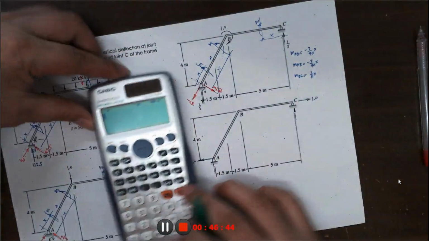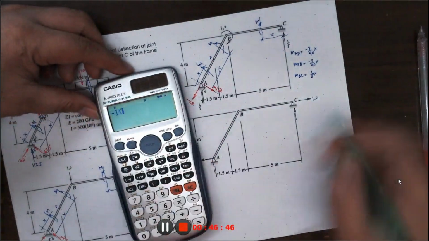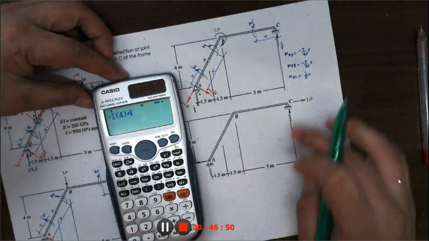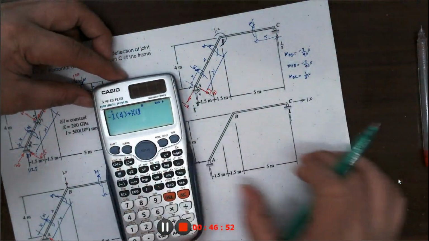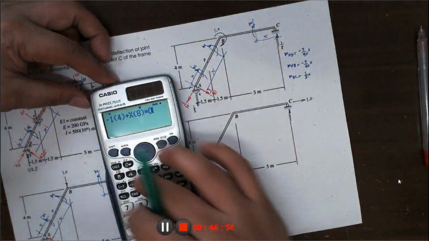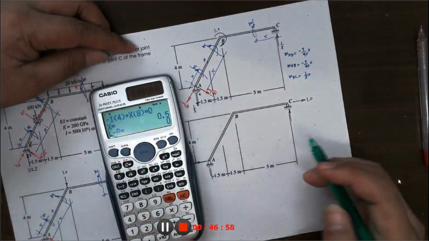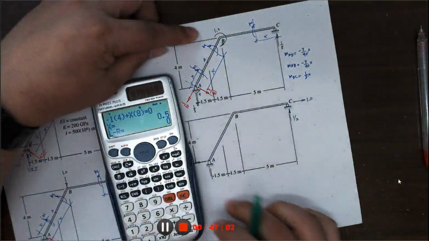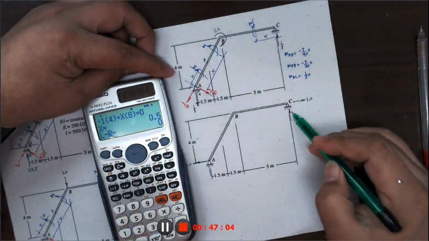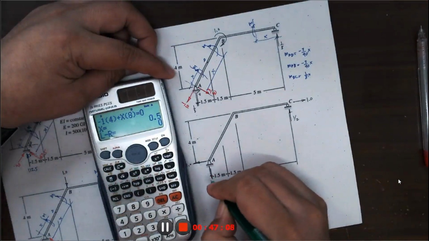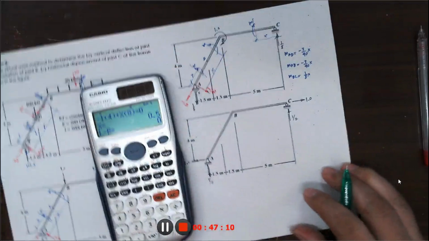So negative 1 times distance 4 plus reaction times 8 equal to 0. So 0.5 or 1/2. So upward ni downward ni 1/2. Okay.